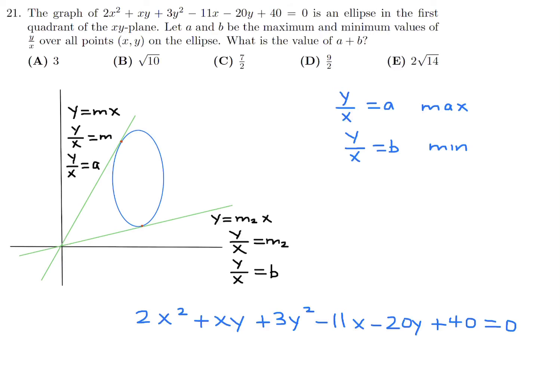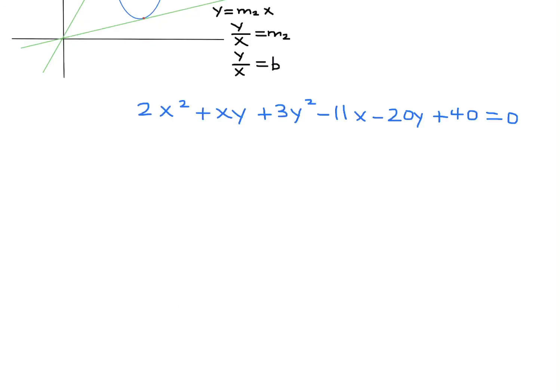Well, you just substitute into here. So I'm going to substitute y is equal to mx into this equation right here. So wherever there is a y, I'm going to put mx like that. All right? So this becomes 3(mx) squared, minus 11x minus 20(mx), plus 40.